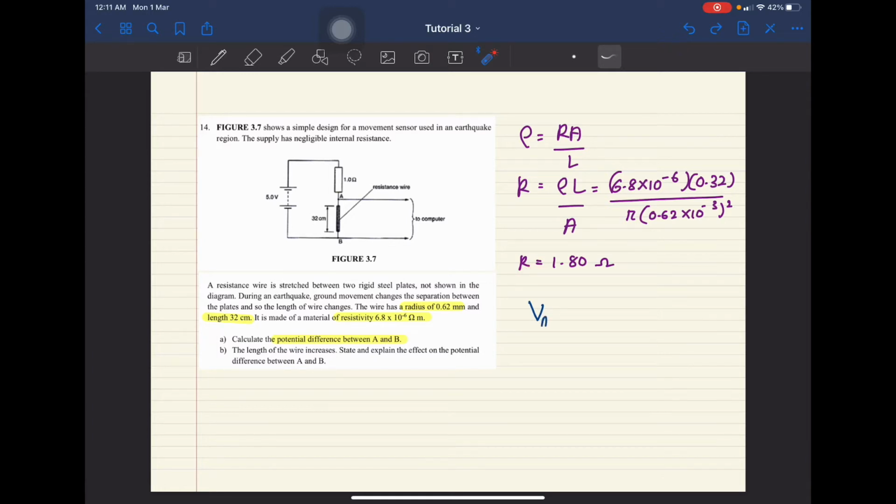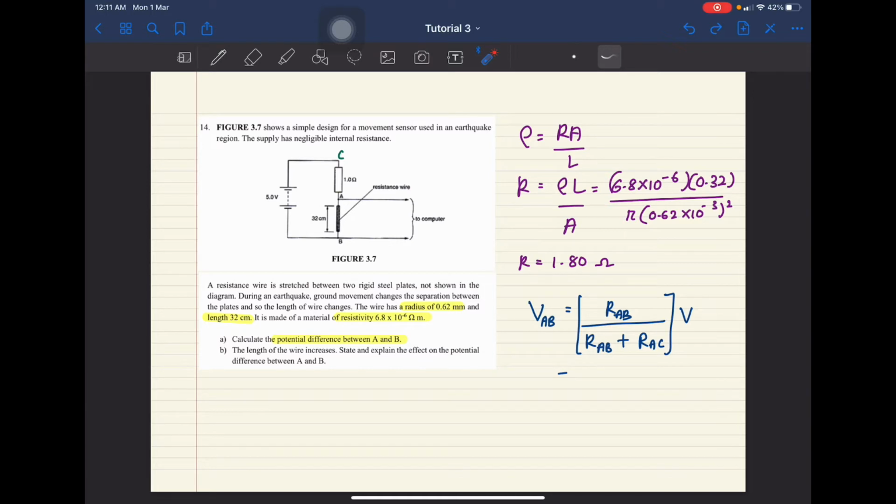And then if I want to find my VAB, I can use the formula that I showed you just now. I label this one as my C, so that it is easier for me to represent with a symbol. So I will write RAC in brackets, and multiply with the terminal voltage.